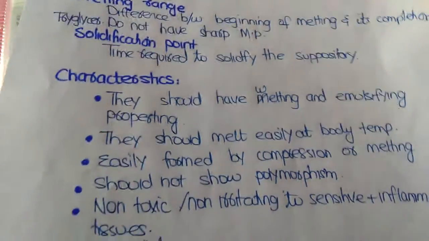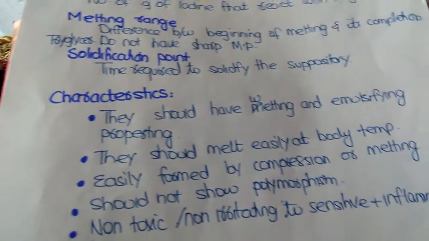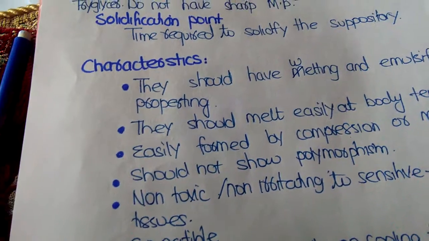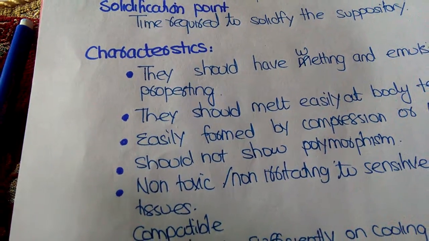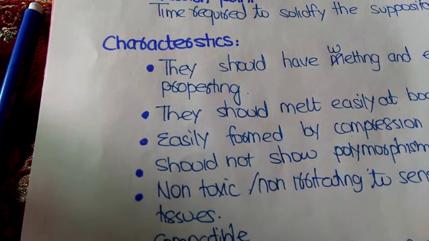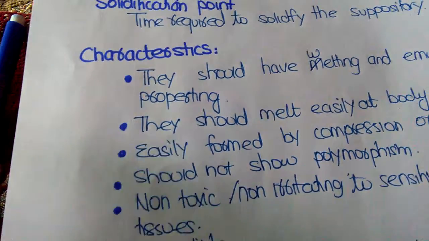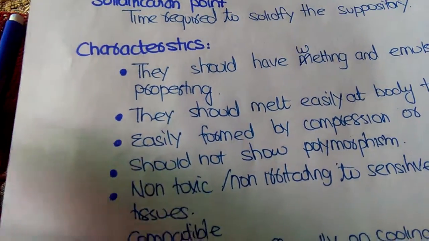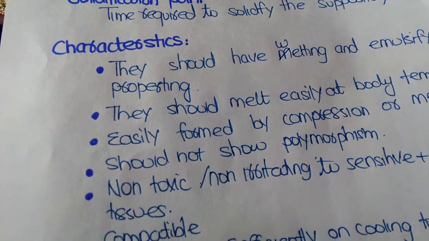The characteristics of suppositories are that they should have wetting and emulsifying properties, because we cannot give them in solution form. They should melt easily at body temperature, be easily formed by compression, and the melt should not show polymorphism.